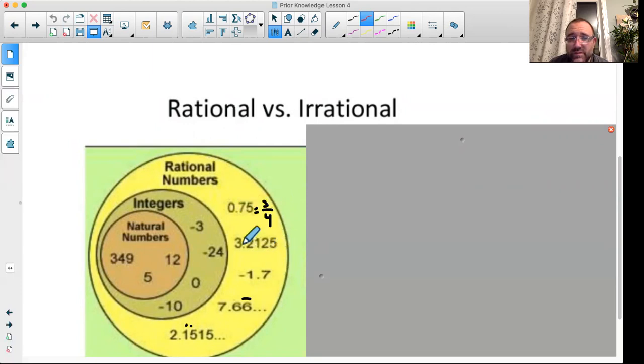Here's another example, 2.125. It stops there, so that shows it's a rational number. Negative 1.7 terminates at 7. 7.66, this number keeps going, but we know the pattern. If you know the pattern, it's still considered a rational number, such as 2.1515, another way of writing it with these dots, representing that 15 is going to be repeated.